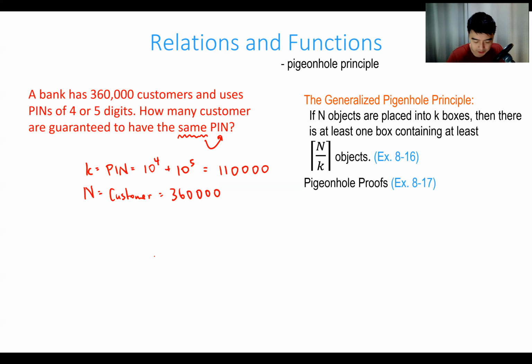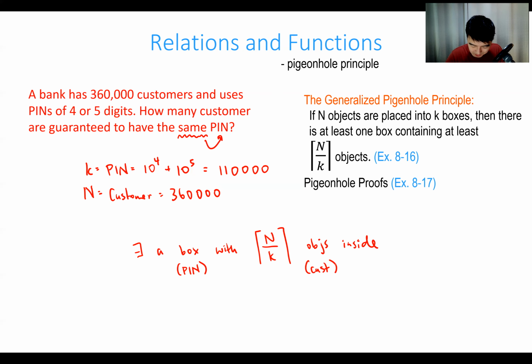Okay, so again, we can rewrite that: there exists a box with at least this many objects inside. All right, so the box is our PIN. So there's a PIN with at least this many customers inside. So what is n over k here?